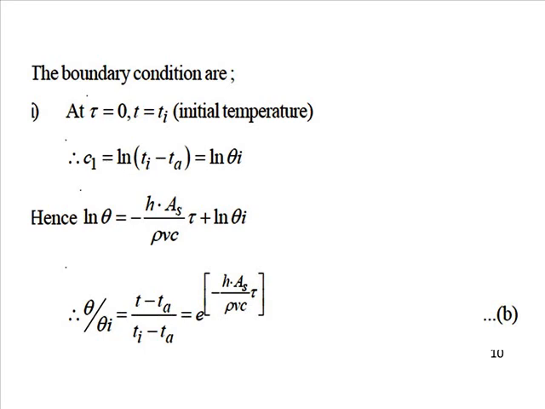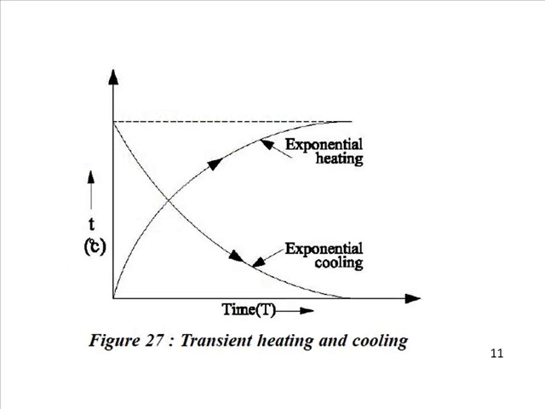So friends, I hope it is very clear to you how to derive this equation. The equation B, what we have discussed, is plotted in the graph of figure number 27 for different values of hA divided by rho Vc.